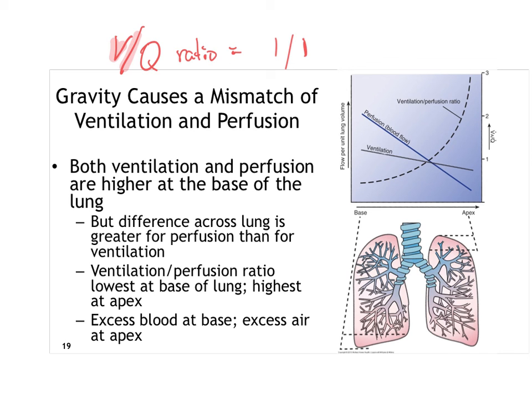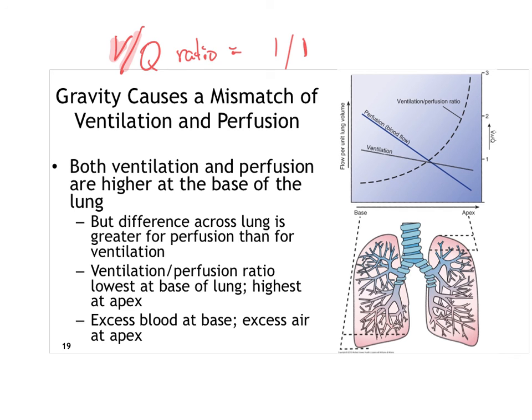Okay, and in the situation we were talking about earlier, both ventilation and perfusion are higher at the base of the lung. When we look at that, it's about a 1-to-1 ratio. What we're shooting for in a normal VQ ratio is about 1-to-1.